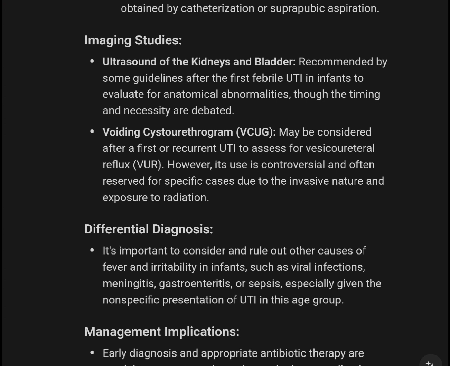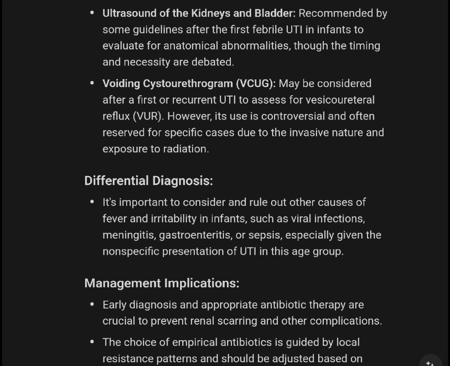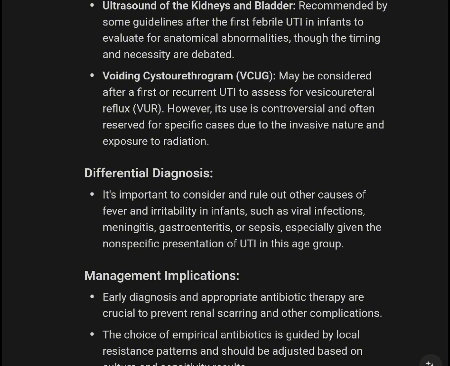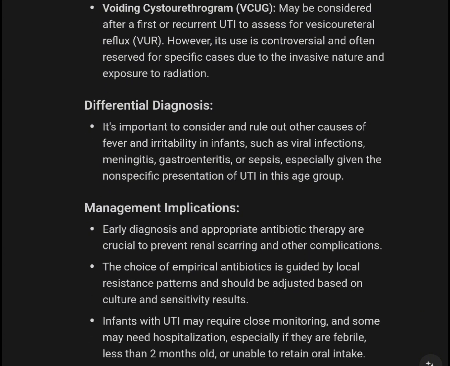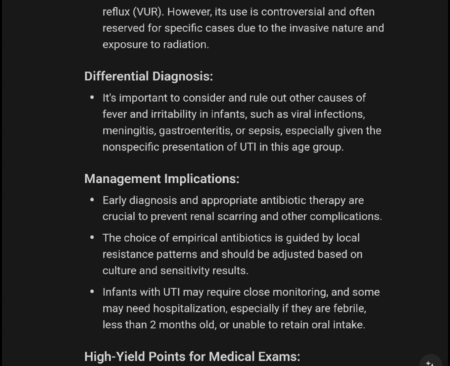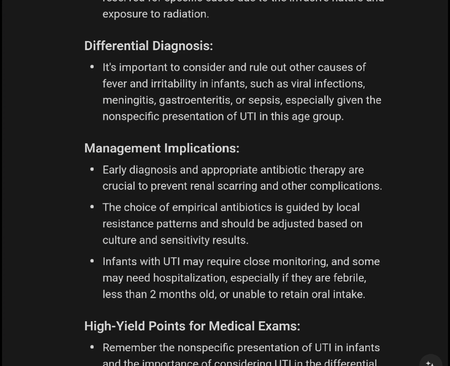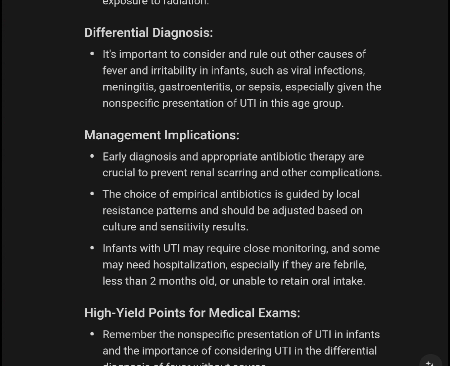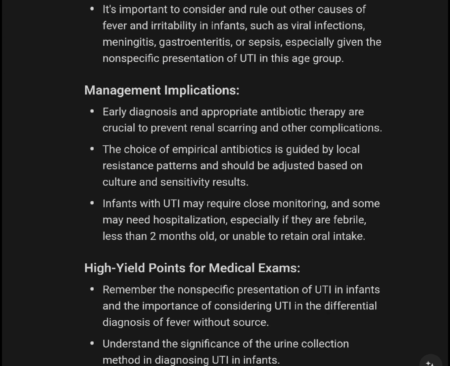Imaging studies: ultrasound of kidney and bladder is recommended by some guidelines after the first febrile UTI in infants to evaluate for anatomical abnormalities, though the timing and necessity are debated. Voiding cystourethrogram, VCUG, may be considered after a first or recurrent UTI. Differential diagnosis: fever and irritability in infants, such as viral infection, meningitis, gastroenteritis, sepsis, especially given the non-specific presentation of UTI in this age group.